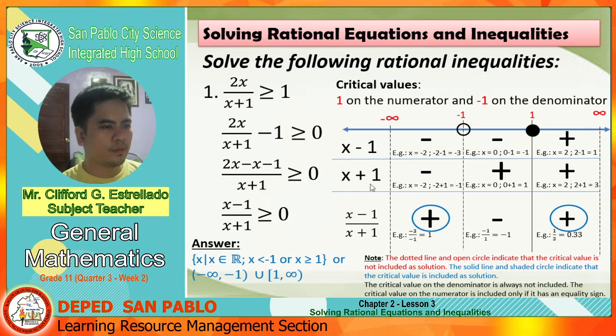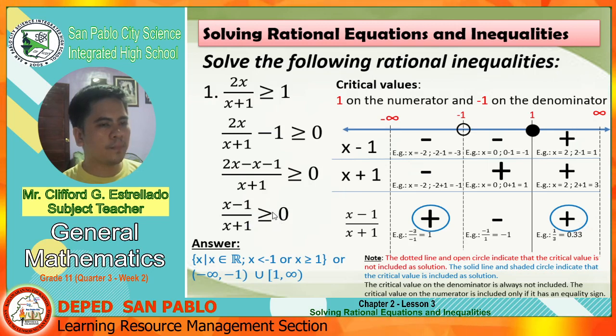And then, we will now divide these two. So we have x minus 1 over x plus 1. Negative over negative is positive. Negative divided by positive is negative. And positive divided by positive is positive. Now, our inequality says that x minus 1 over x plus 1 should be greater than or equal to 0.